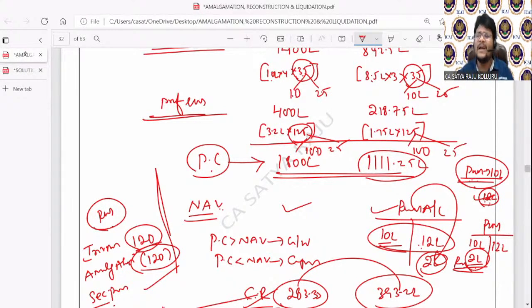It is completely depending upon the question. In the question, if the issue price is given, then the total PC divided by issue price, you will get the number of equity shares. In the question, if it is clearly given that the purchasing company is issuing the shares at face value, then you will get the number of shares, total amount of PC divided by face value per share. That's why don't ask the question, sir, whether we can divide with face value or with issue price. It depends upon the information given in the question.